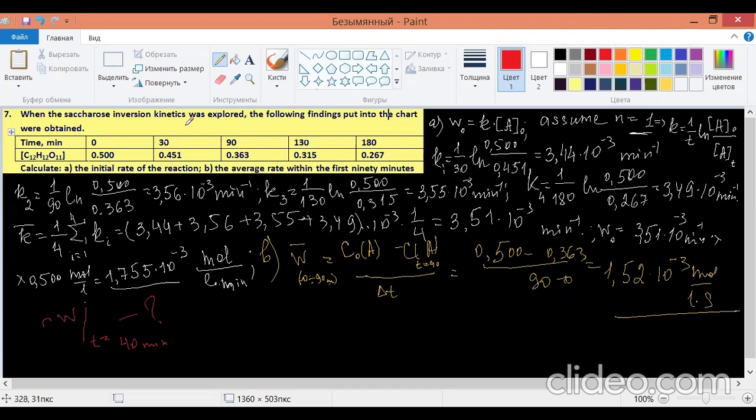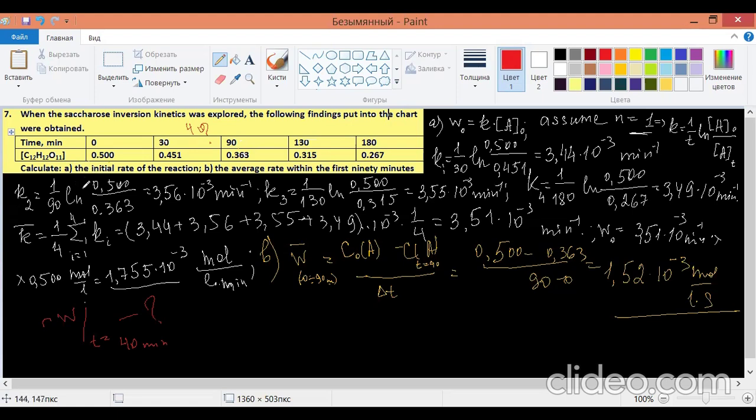But 40 minutes isn't included in the table. In this case, what should we do? I hope it is clear as day that in this case we can talk only about approximate values, and we can do it by drawing the curve for the saccharose concentration dependence on time.